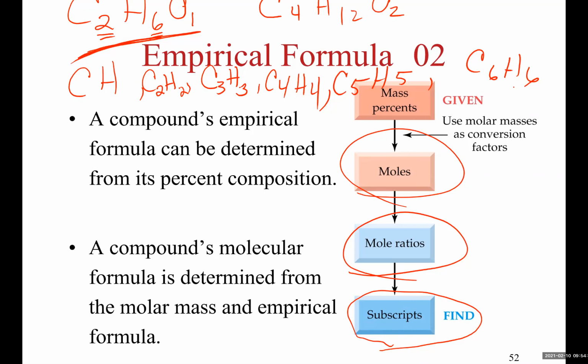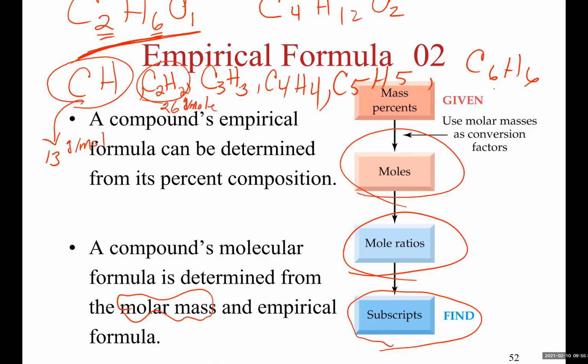Now I have to use molecular mass. In other words, if this is the real formula, the molecular mass is going to be 12 plus 1, 13, right? If this is the one, the molecular mass is 12 times 2, 24 for 2 carbons, plus 2, 26 grams per mole.